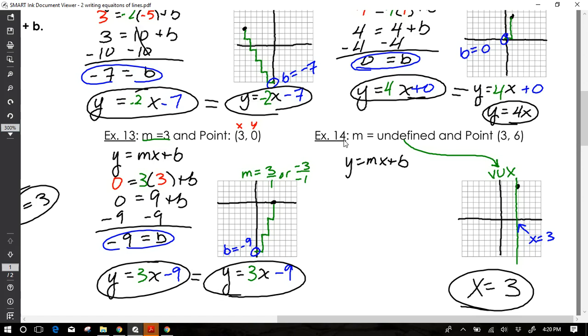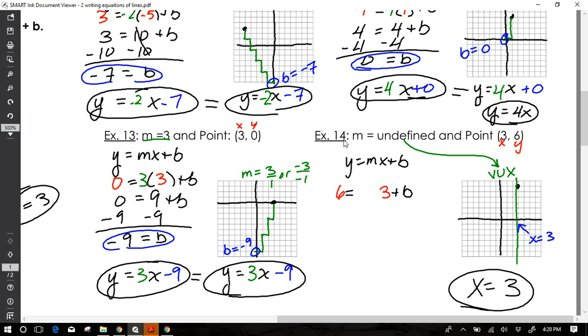All right, and now we're ready to work on number 14 together. Okay, so I need to plug the x and the y into this equation. So 6 and 3. And I've got a plus b here.